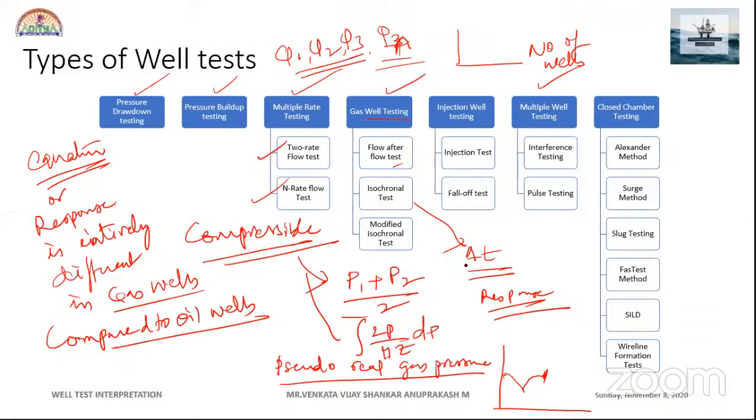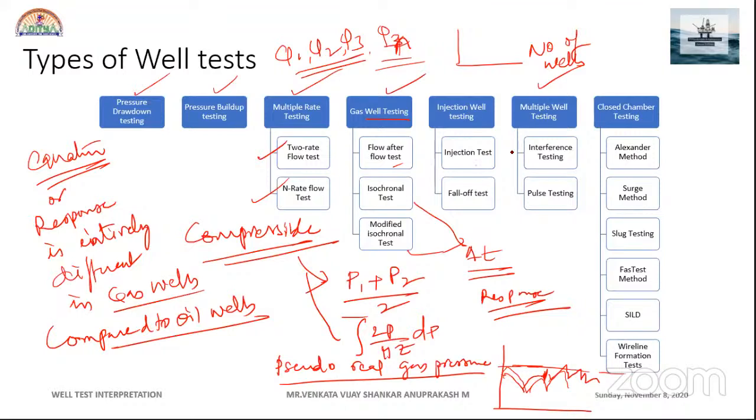In the modified one, declining is there, but we do not expect that it will reach the initial condition. That is the modified isochronal test.